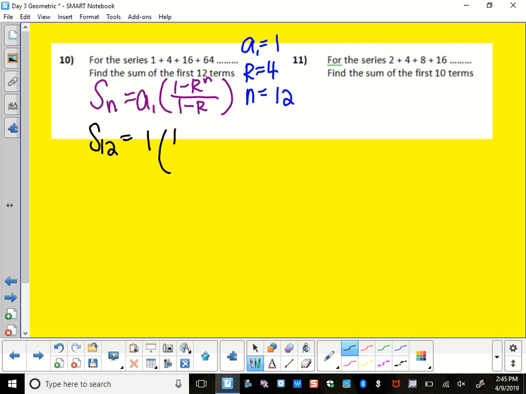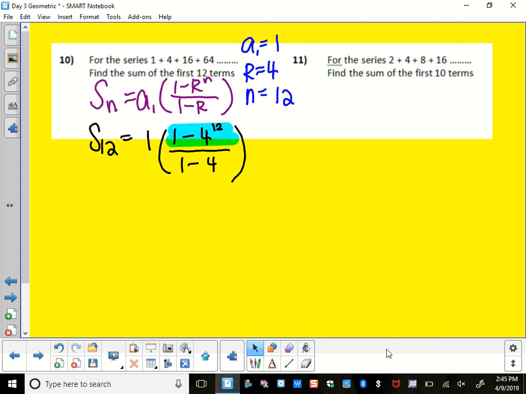In parentheses, I have 1 minus my r, which is 4, to the power of n, which is 12, divided by 1 minus r, which is 4. Everyone pay attention to this. We're going to type this whole thing into our calculator, but when we do that, you have to do it the right way. I like to do the top of the fraction first, and then divide by the bottom, and then multiply by what's on the outside. So grab your calculators.